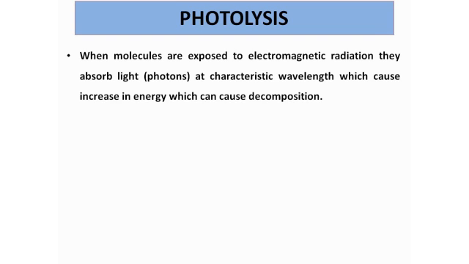All substances in this world have the tendency to absorb light, but at different wavelengths. So when a compound is exposed to electromagnetic radiation, it may absorb a photon at a particular wavelength, and this leads to decomposition of the drug molecule.